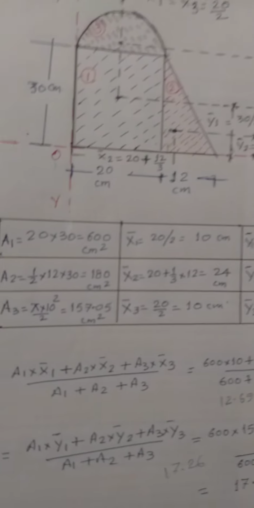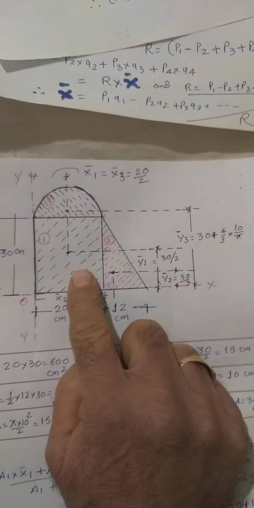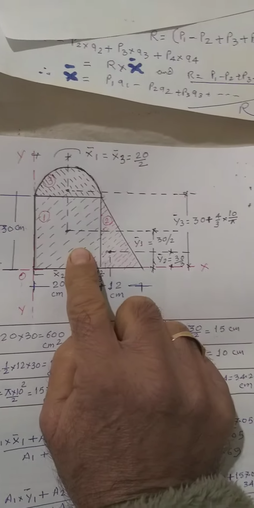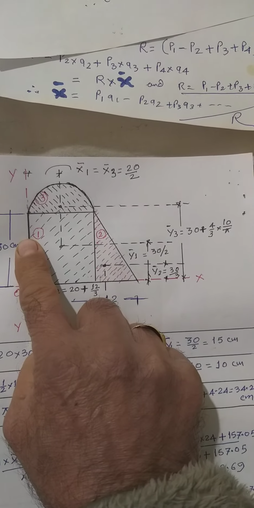Now, first of all, we have to complete this table, that is, find the area of figure 1, that is A1, then X bar 1 and Y bar 1.